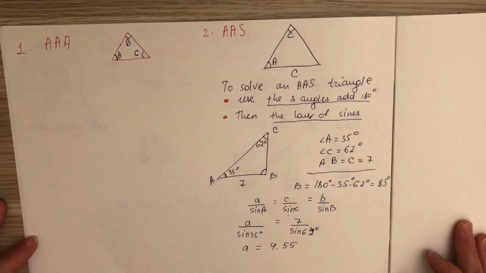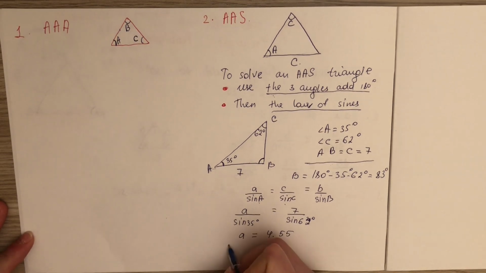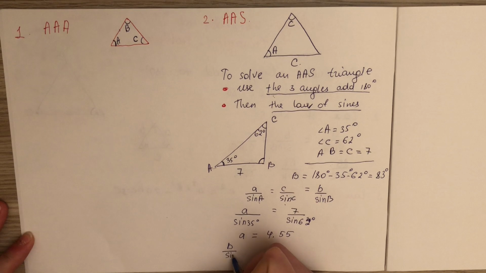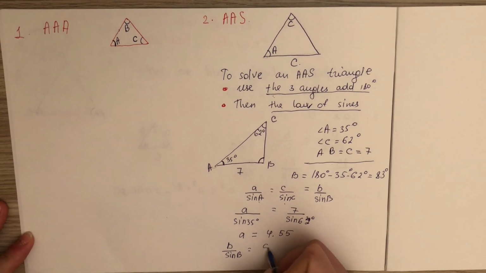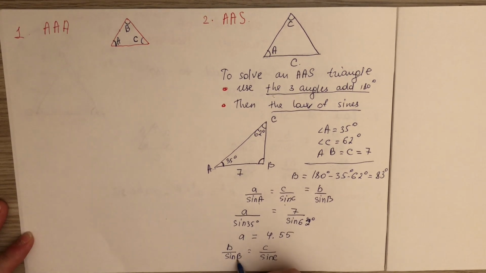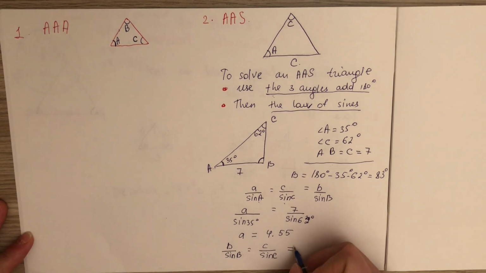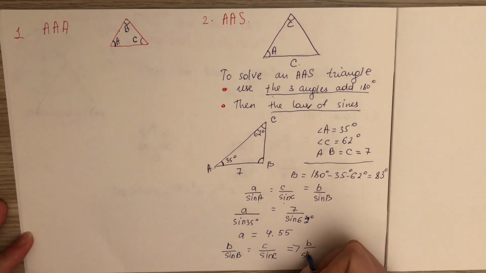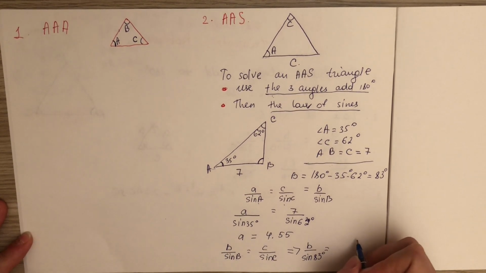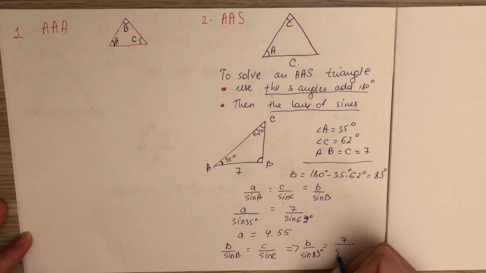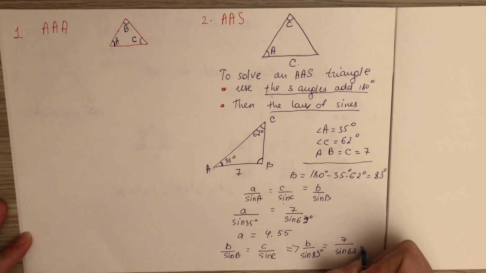Also, we can find B by using the law of sines. B divided by sine B is equal to C divided by sine C. So here sine 83, B over sine 83 is equal to 7 over sine 62.